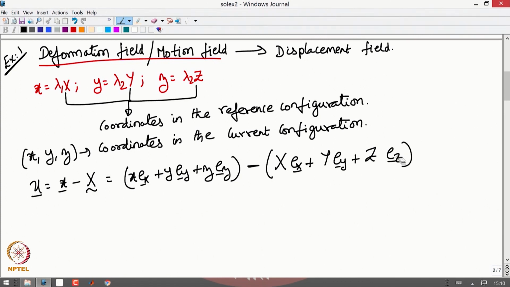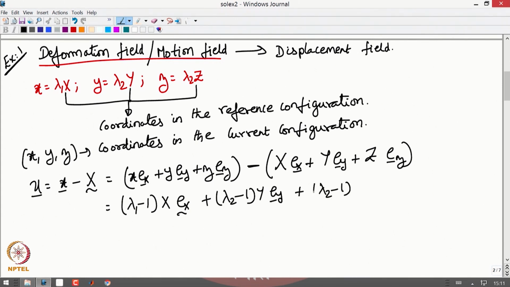Now, you substitute for small x lambda 1 capital X, small y lambda 2 capital Y, small z lambda 2 capital Z. Then what you get is lambda 1 minus 1 into capital X E x plus lambda 2 minus 1 capital Y E y plus lambda 2 minus 1 capital Z E z.